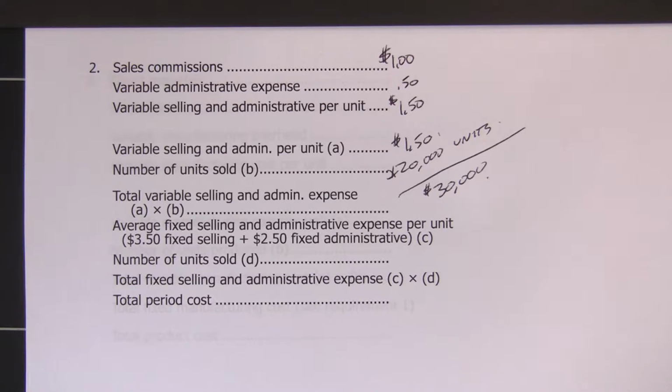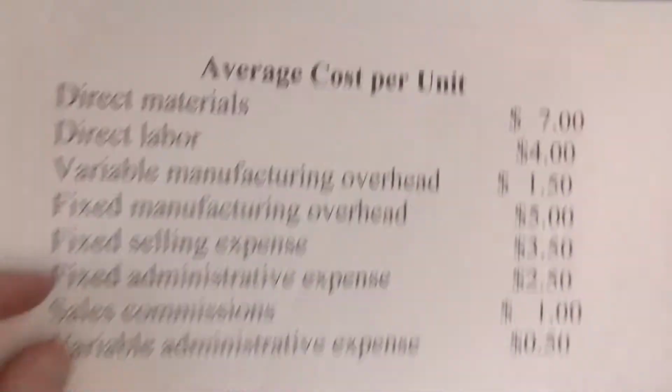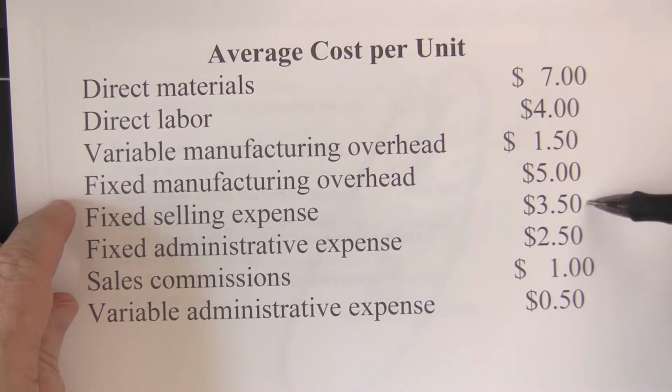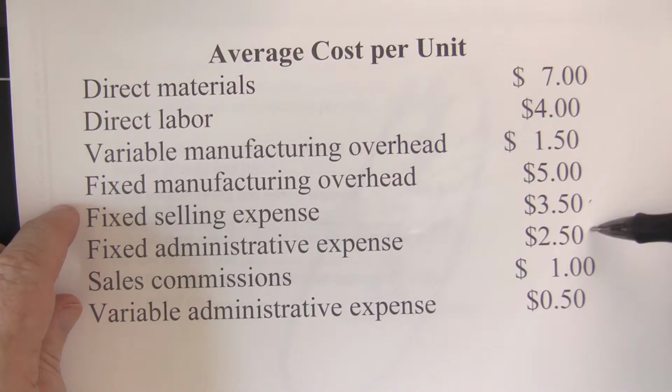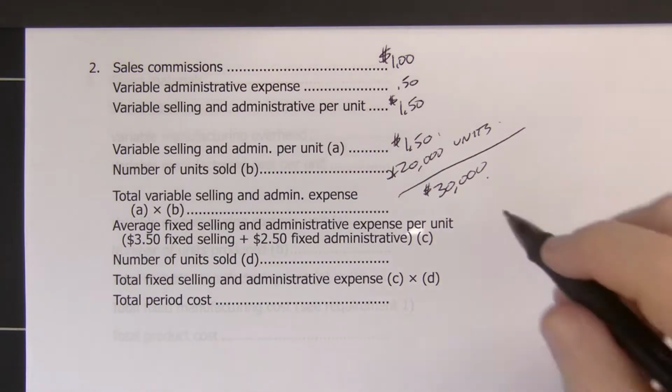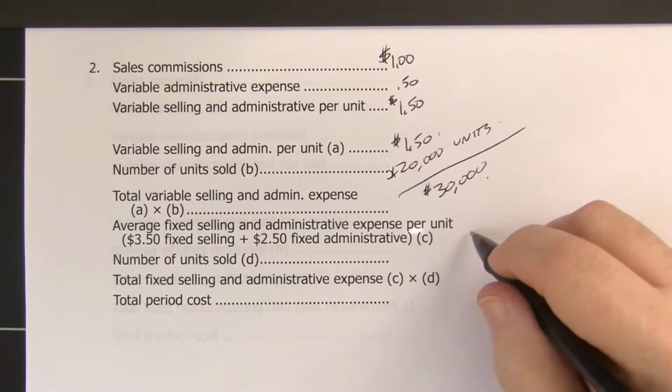Now, we're going to make up a number here. And this number is going to be averaged fixed selling and administrative. Okay, so we're going to take the average fixed selling and the average fixed admin. And that comes to $6 per unit.